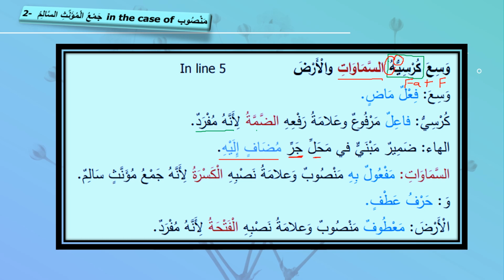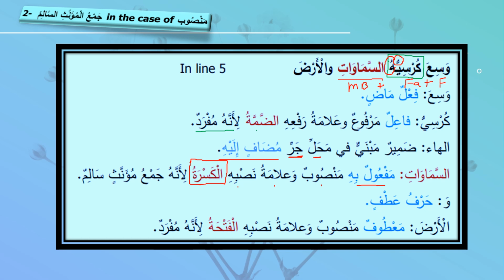Mahall means position. As-samawat. After the fi'l and fa'il, we have the position of maf'ul bihi. So now samawat is in the position of maf'ul bihi. It's mansub and its sign of nasb is al-kasra. So check what you say in your i'rab. This is how you should do the i'rab of a Jama Muannas Salim in mansub case.